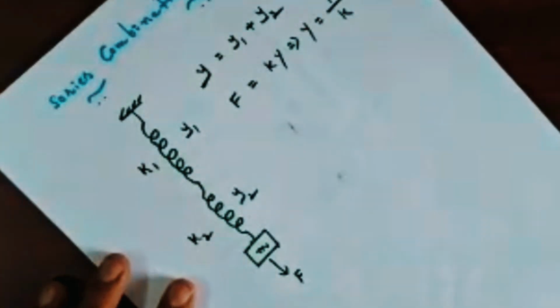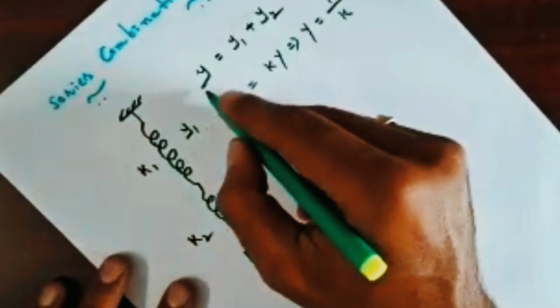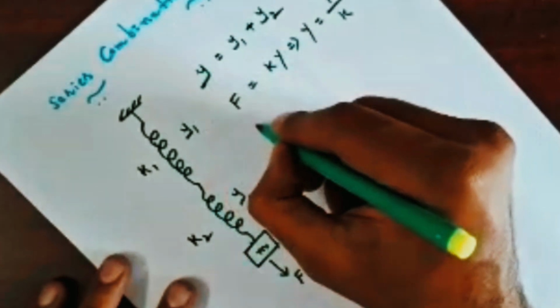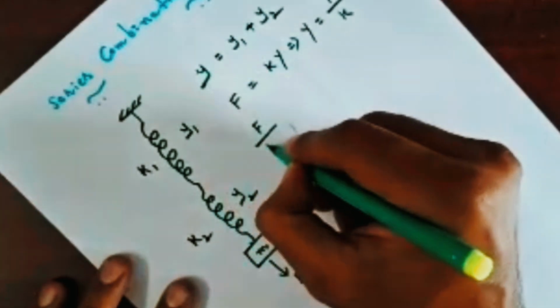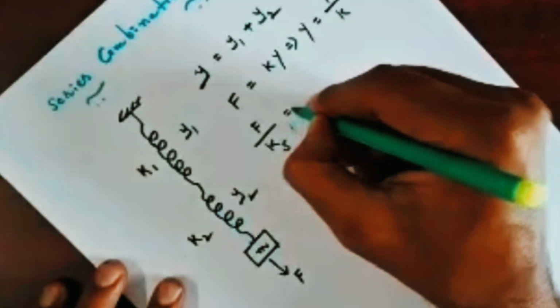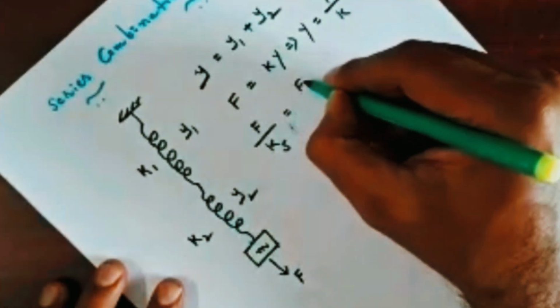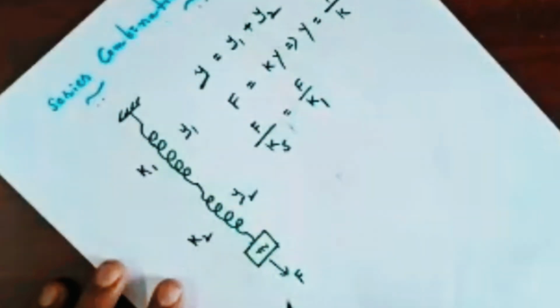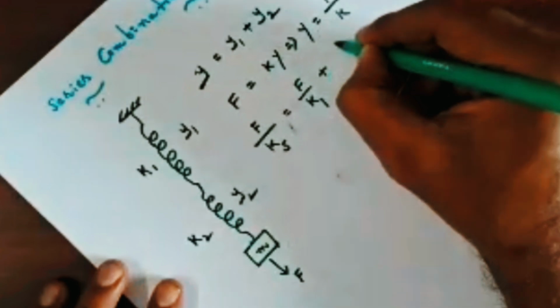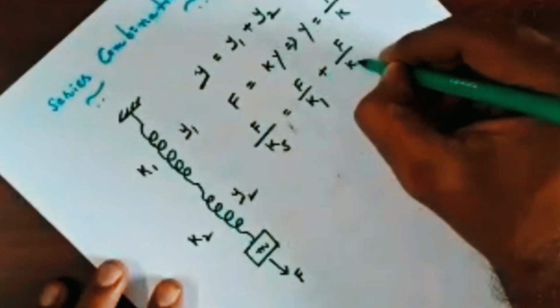After adding the two values you get the resultant y, so I write it as F by ks. Ks means the force constant in the series combination. That is equal to y1, which is F by k1, plus F by k2, since the same force is applied on both springs.